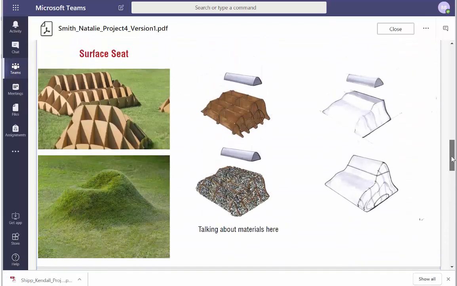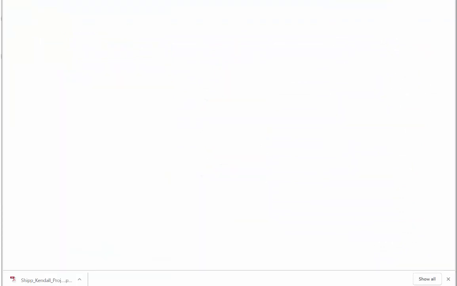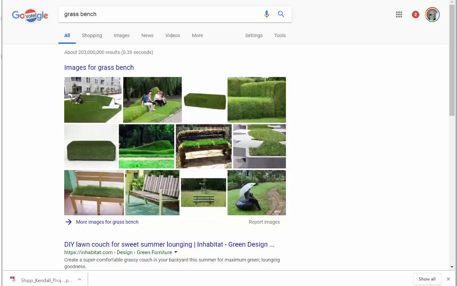Okay. I'm going to throw a challenge at you. Because if I think grass bench and this comes up, that's not actually the one I'm thinking about.